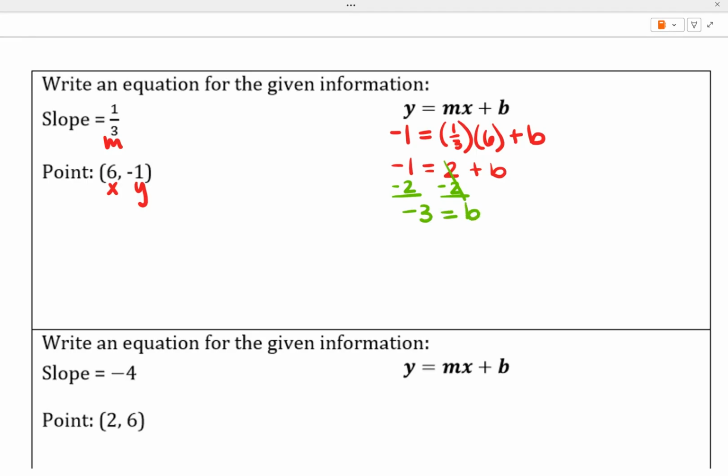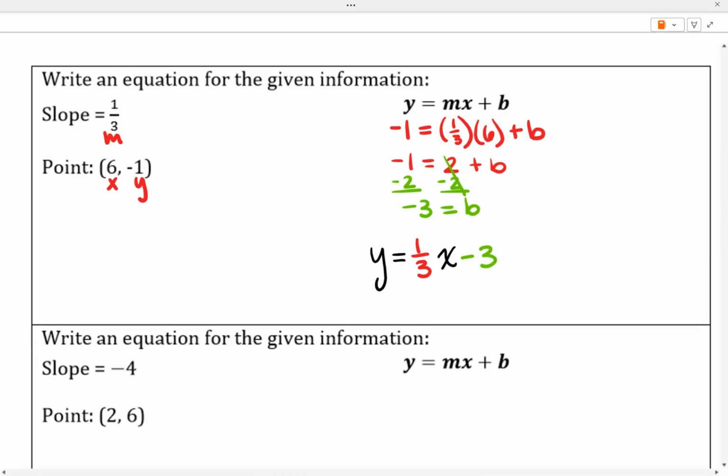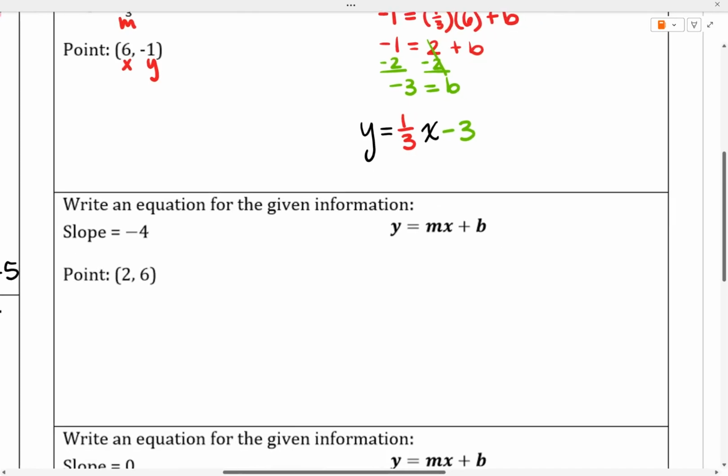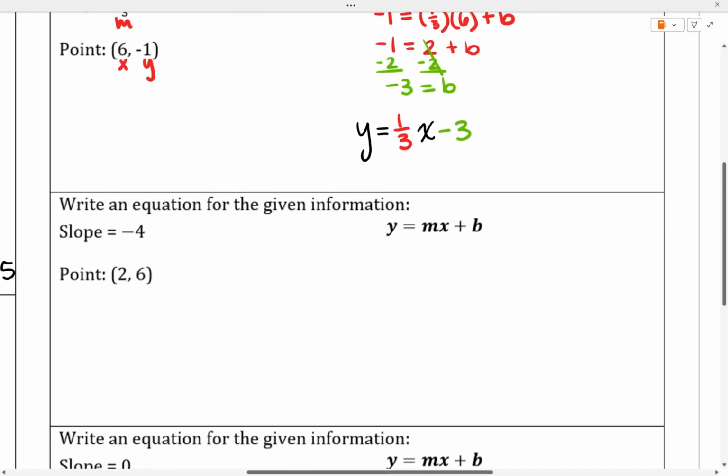And we have our slope, so we can write our equation, and it will say y equals 1 over 3 x minus 3. Remember, we want our slope to be a fraction if it is not a whole number.